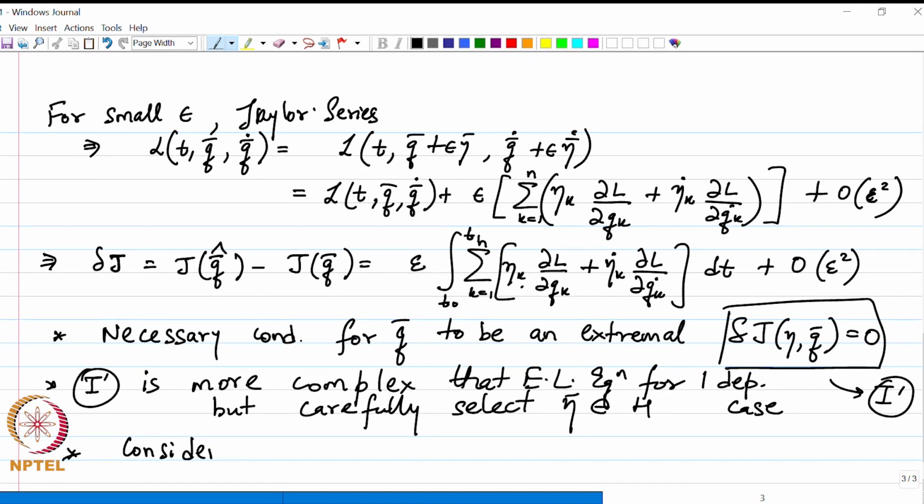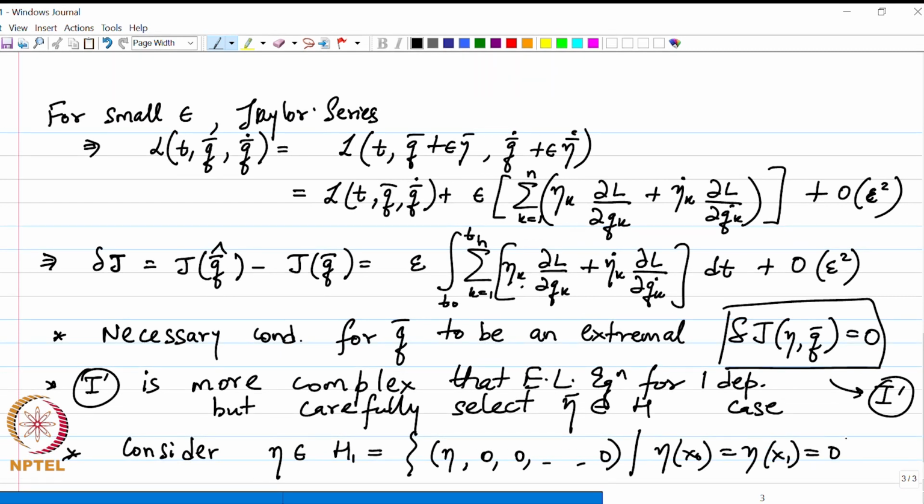Consider the perturbation, let us say eta 1 in H1, where my set H1 is the set of all perturbations (eta, 0, 0, and so on) such that eta of x0 is equal to eta of x1 is equal to 0.